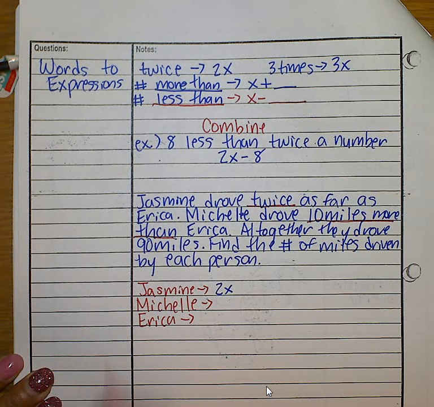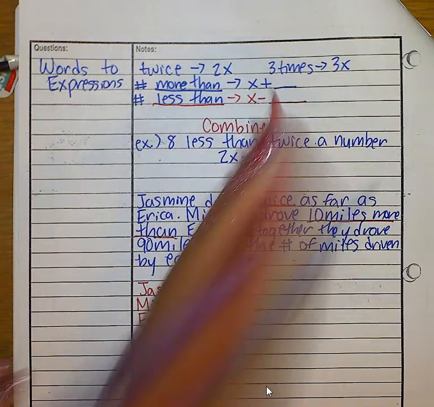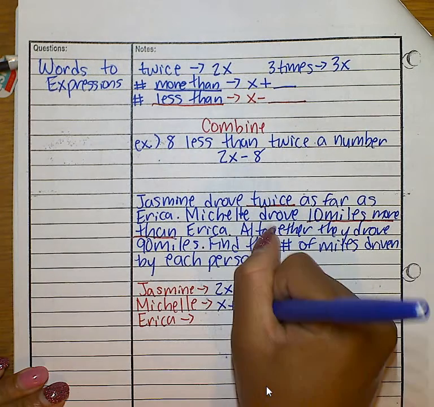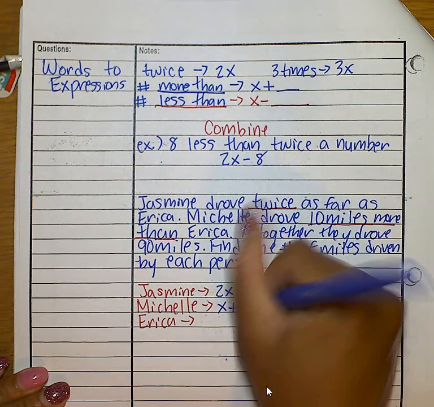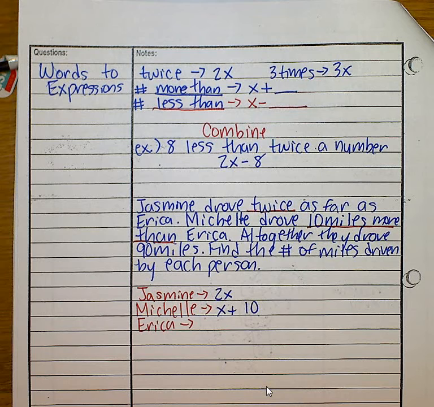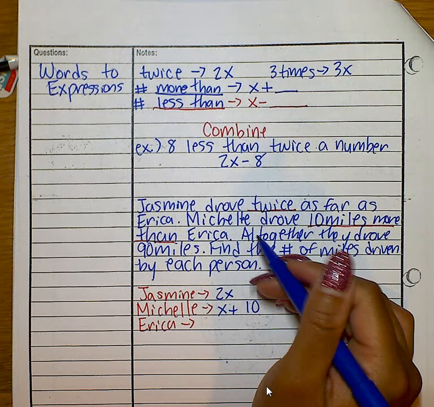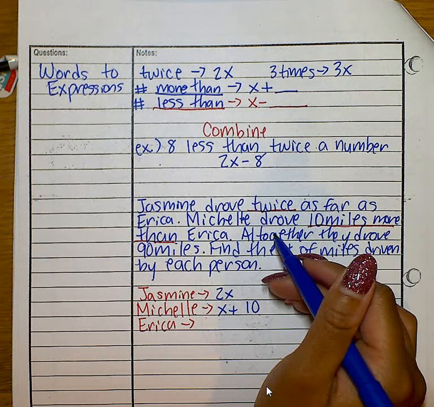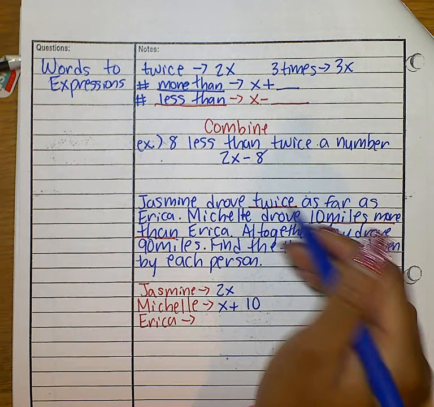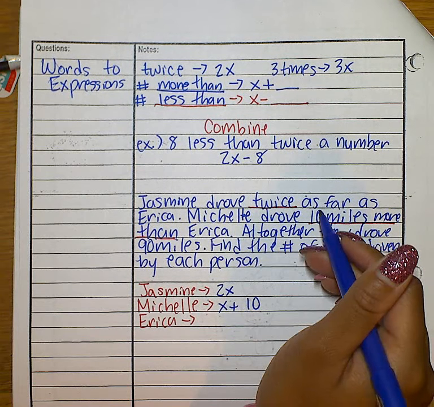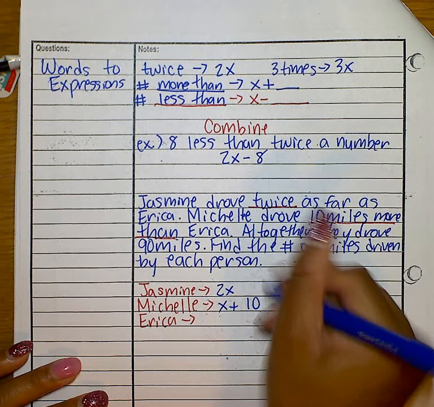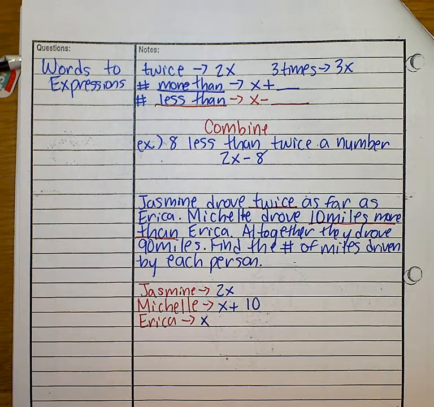The number more than is x plus whatever that number is, and it was 10, so x plus 10. And then we look for Erica. They don't give us any information about Erica. We only know what Jasmine and Michelle drove. So you can assume that Erica is x because she's the unknown.